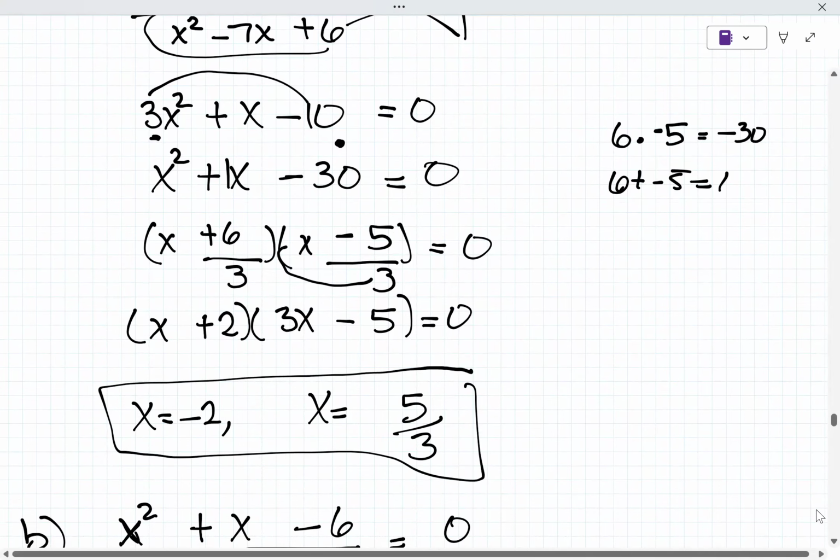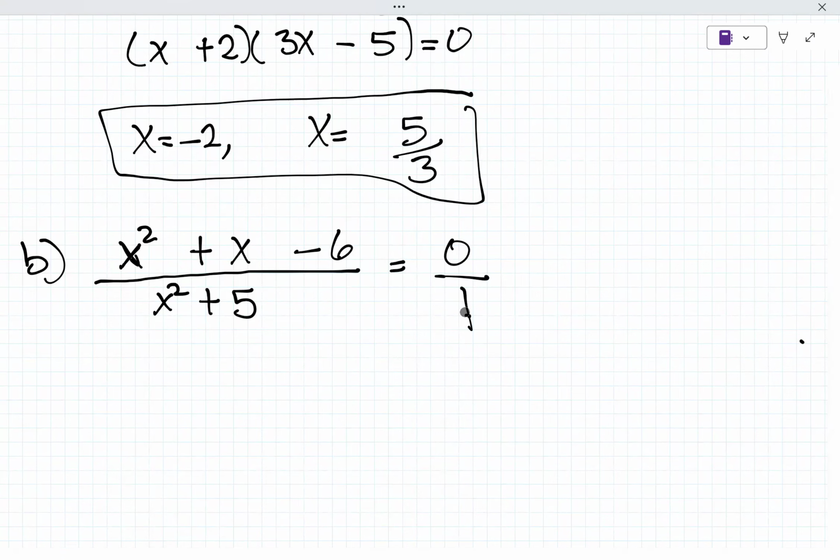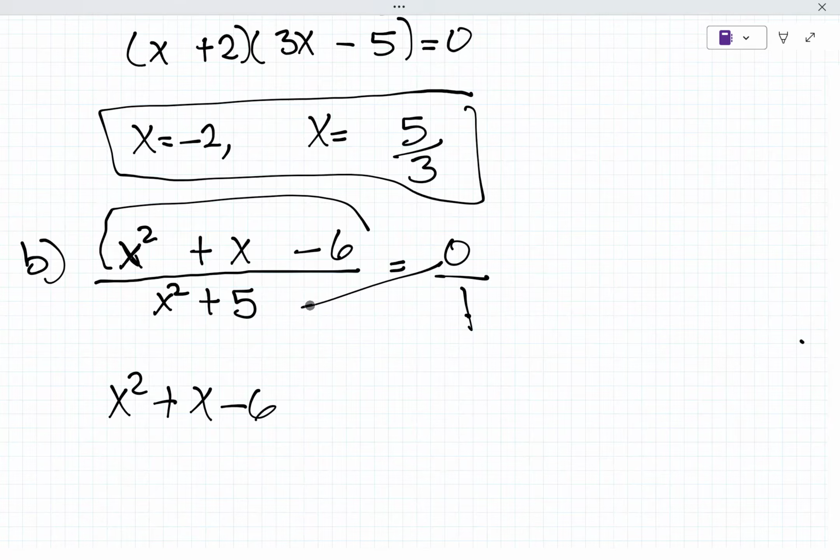Okay, B. So let's go quickly. There's two sides, left and right, so we can cross multiply. So 1 times this whole thing is basically itself, and then 0 times this whole thing is just 0. Okay, factor this out. So it's going to be x, x, and then two numbers that multiply to -6 and give you 1.